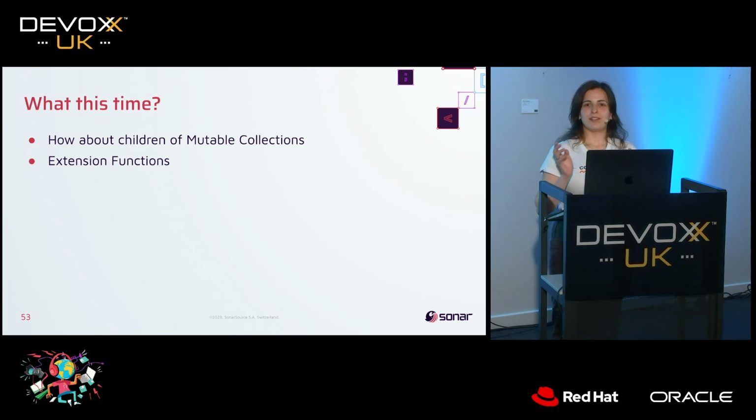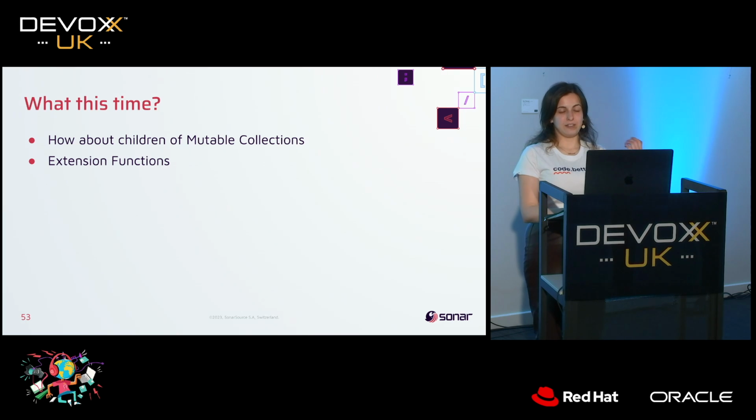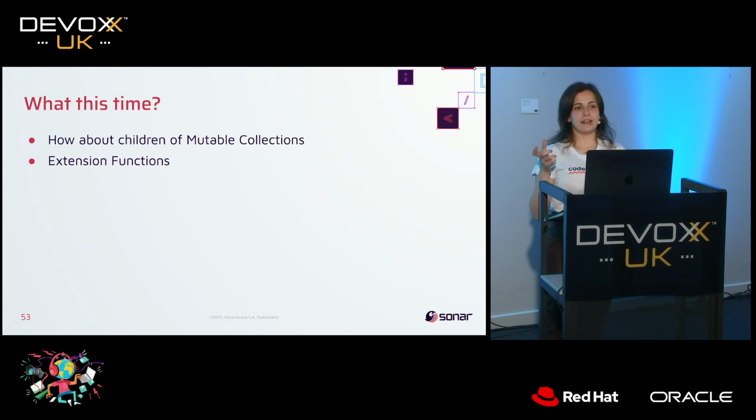Another thing: we didn't take into account that you can extend a mutable list or mutable set and declare a non-mutating operation. We only take into account the functions that take mutable collections as parameters.